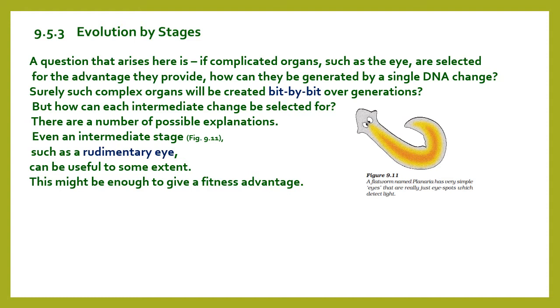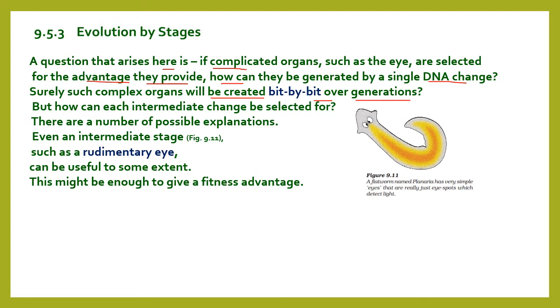A question that arises here: if complicated organs such as the eye are selected for the advantage they provide, how can they be generated by a single DNA change? Surely such complex organs will be created bit by bit over generations.